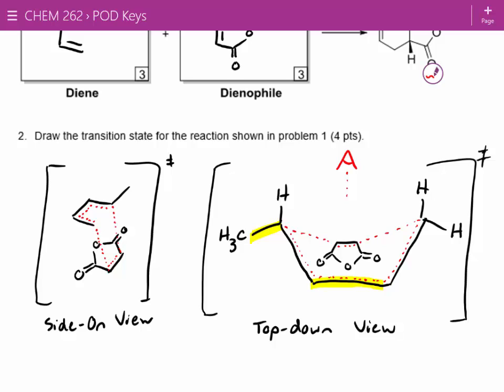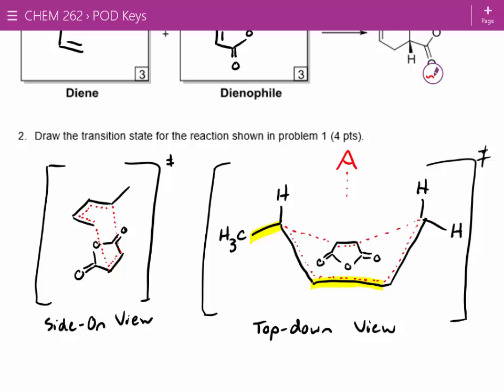So if you had this pointed this way, that would be your exo product. And we said that exo products aren't normally observed. We prefer to have the endo product because these electron withdrawing groups stabilize these bonds being made and broken in that pi system. No, we didn't know that for the POD. I just wanted to get you guys thinking about transition states a little bit before we covered it in class.